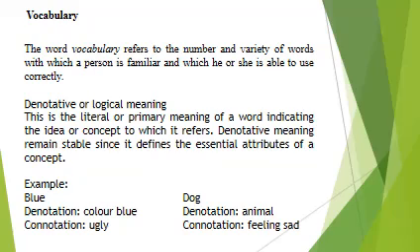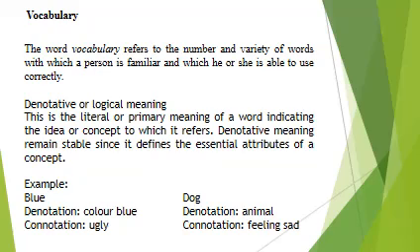Under this vocabulary development, as I explained earlier, we are going to start with denotation. Denotation is denotative or logical meaning. By denotative or logical meaning, we mean the primary or literal or dictionary meaning of a word, indicating the idea or concept to which it refers.